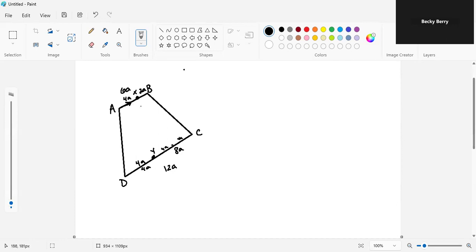This vector goes this way. This vector goes this way. And we have a vector from B to C that we're calling vector b. We want to express XY as a vector.